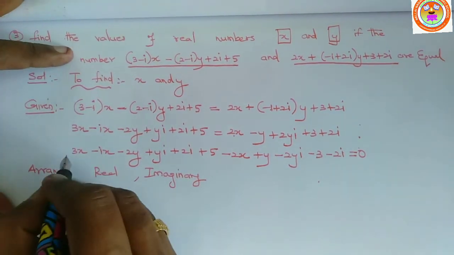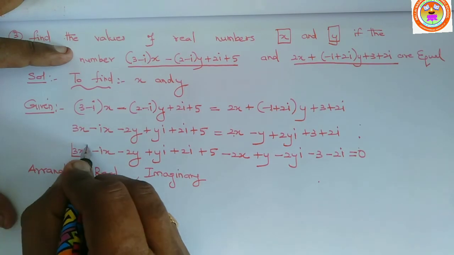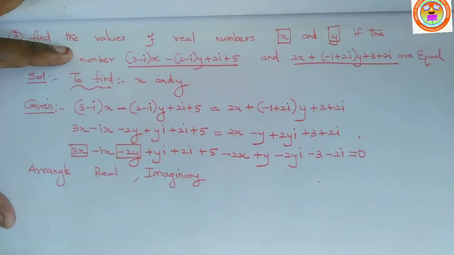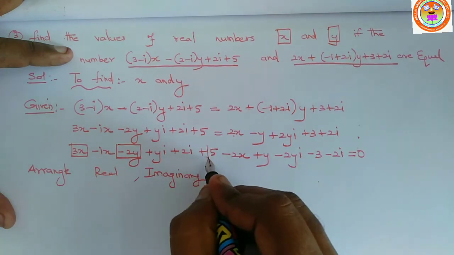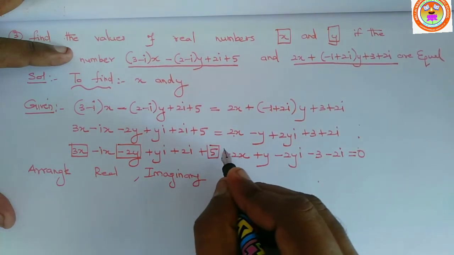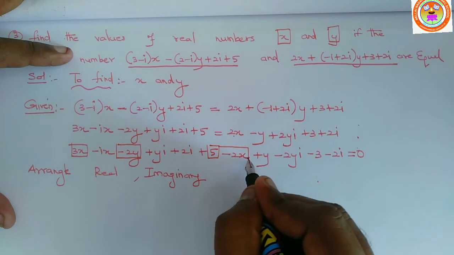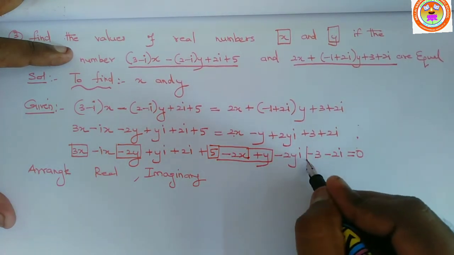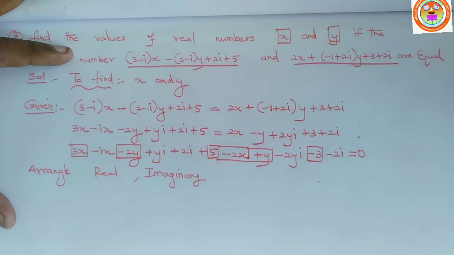Which are real here? See here, 3x is real, minus 2y is real, 5 is real, minus 2x and y are also real, 3 is real. These are real.